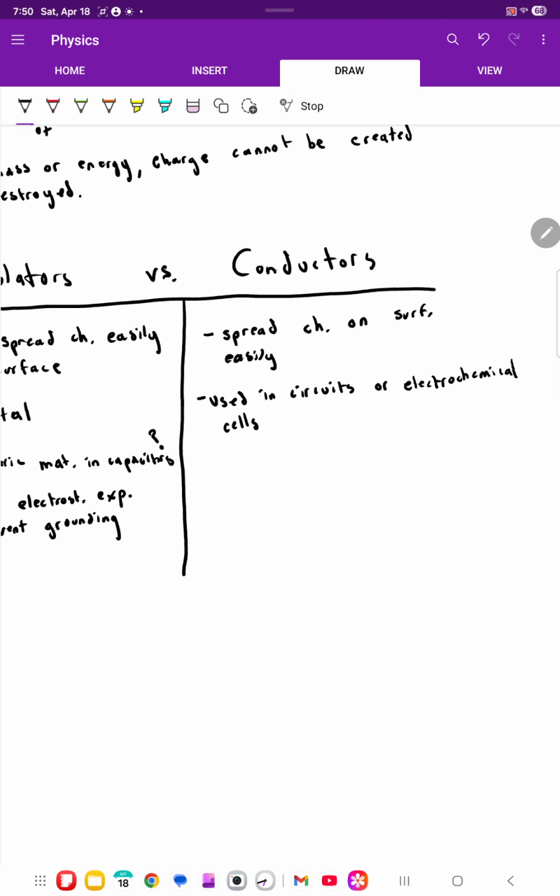What else? Conductors are able to transfer charge and transport charge. Conductors are often conceptualized as nuclei surrounded by a sea of free electrons that are able to move rapidly, only loosely associated with positive charges.